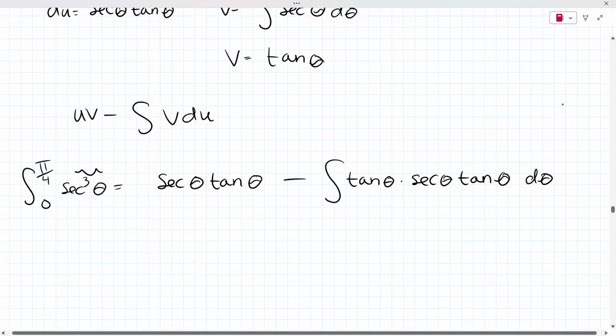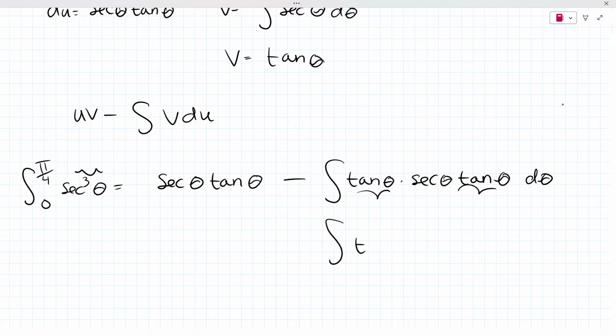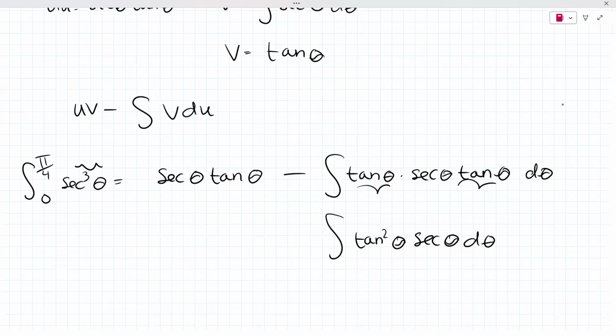And what can we do? Over here, you have a tan theta times tan theta, so that would be tan square theta. And tan square theta simplifies as secant square theta minus 1.